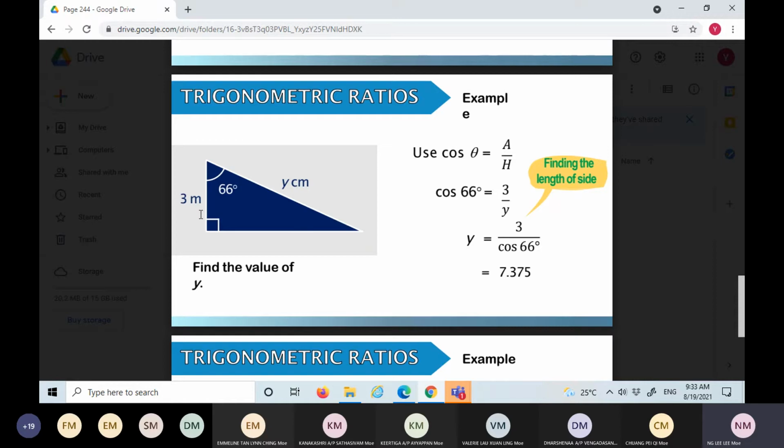Which trigonometric ratio involves the adjacent A and the hypotenuse H? It will be CAH. So cos 66 is equal to A over H, so 3 over y. Then the y you bring to this side, the cos 66 you bring to the other side. So y is equal to 3 divided by cos 66.